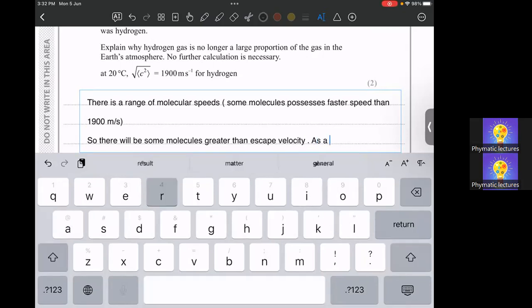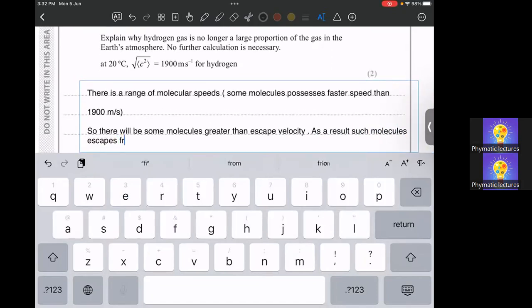As a result, such molecules escape from the Earth atmosphere.